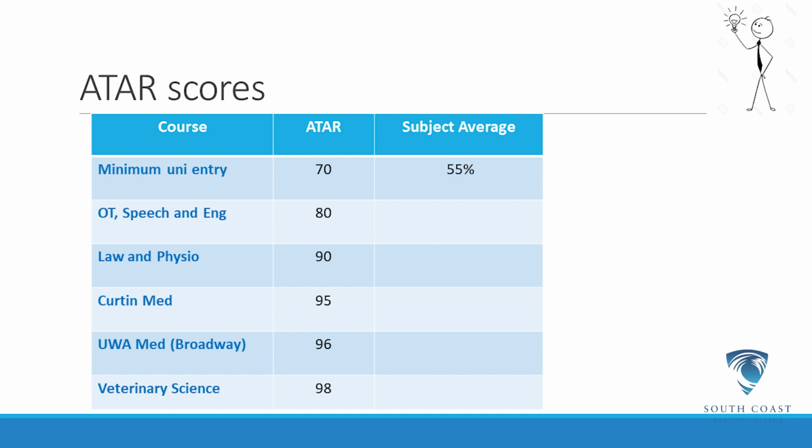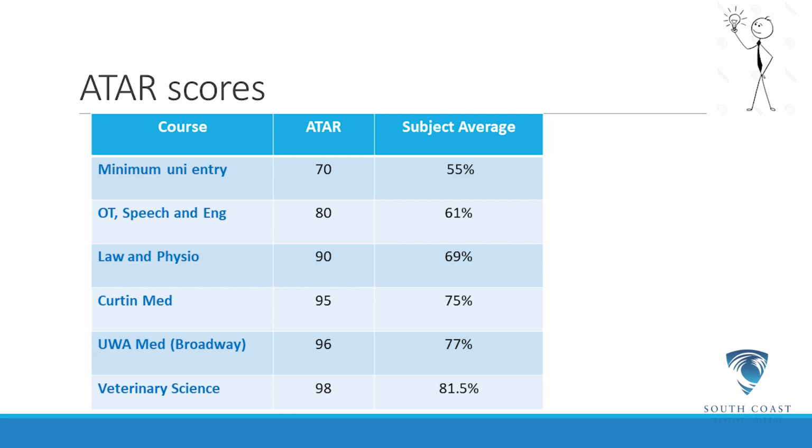So an ATAR of 70 would typically mean you're averaging about 55% in your top 4 subjects. And as we go through this list here, we'll see that for example, medicine through the Broadway system would require you to have an ATAR of 96. And this means you're averaging about 77% on your top 4 subjects.